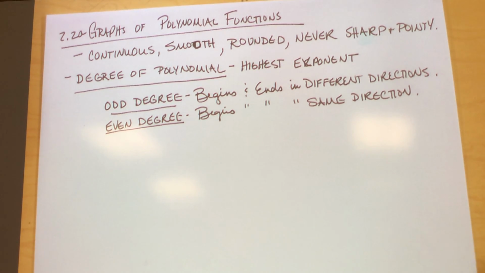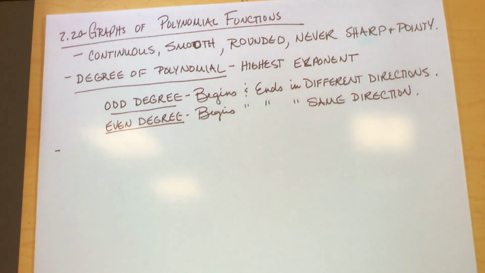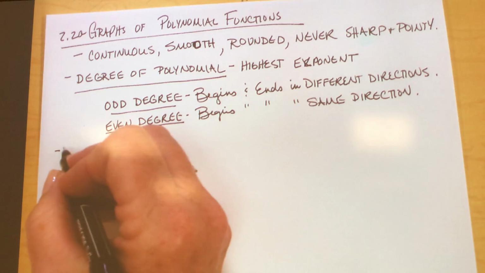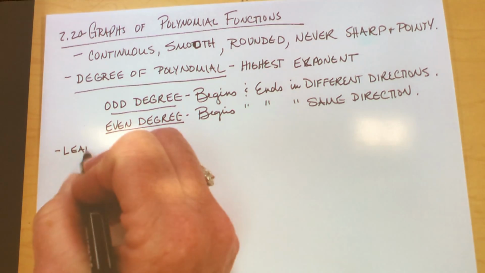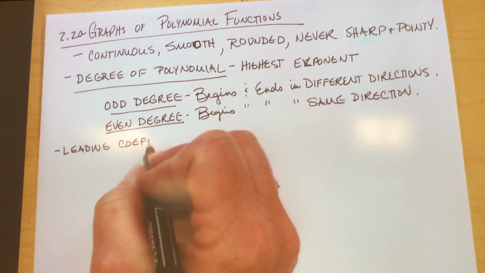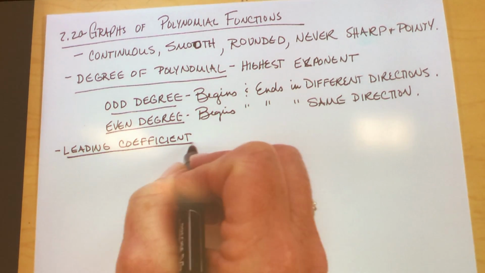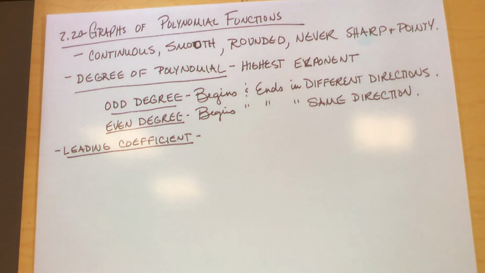All right? One more little vocabulary word I need to get out of the way before we do our little chart, and that is a leading coefficient. Okay? What is a leading coefficient? The coefficient of the highest exponent.